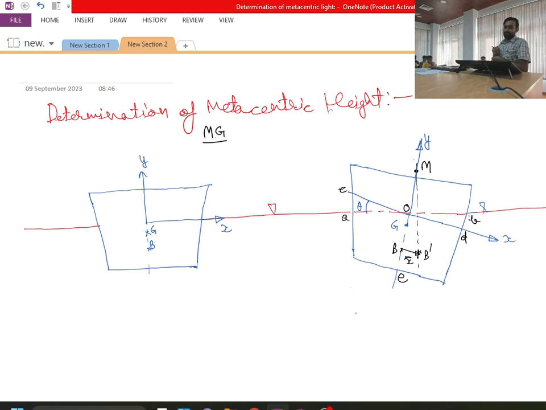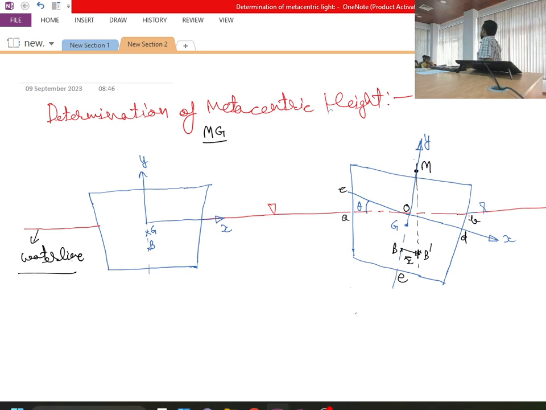Now we will see the mathematical formulation, how we can calculate the metacentric height. Typically, we can consider one water line. The water line is basically the free surface of water which interacts with the body.